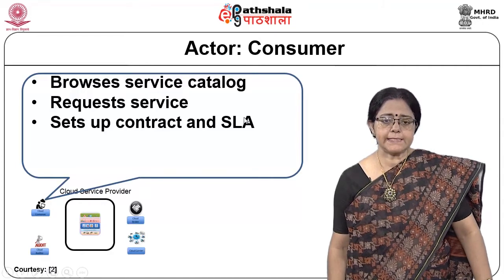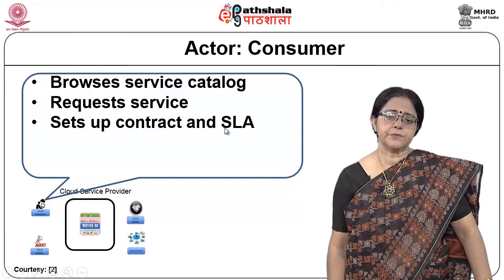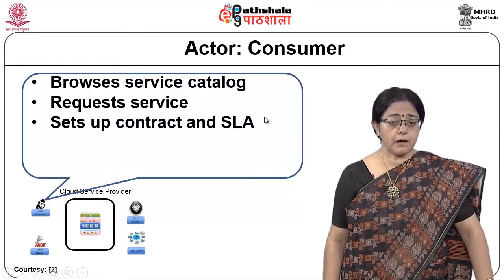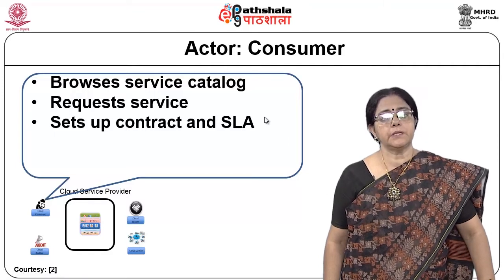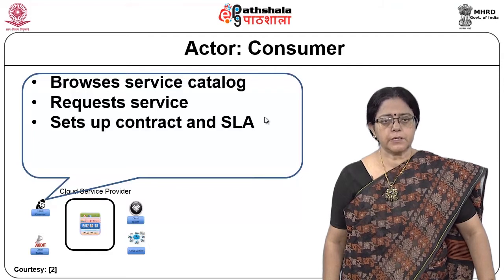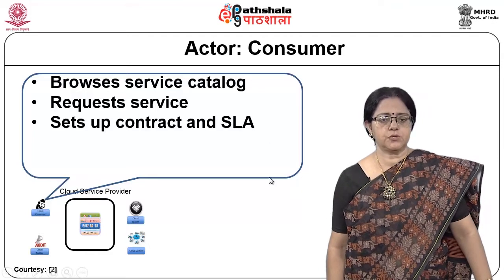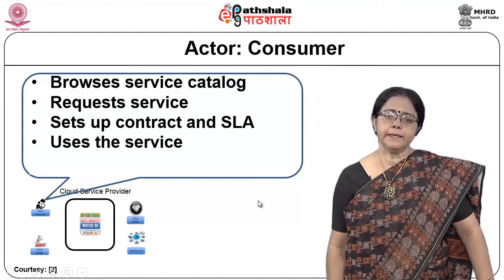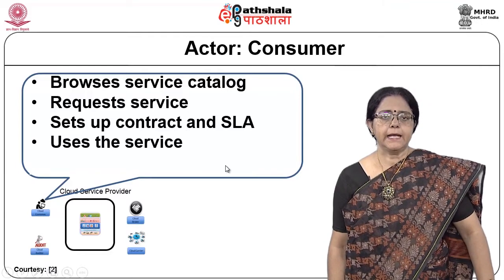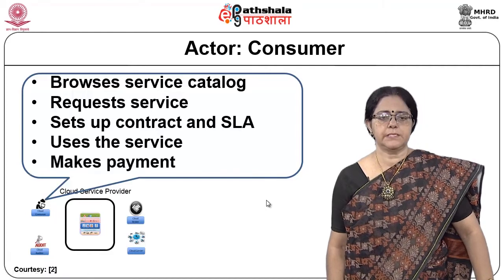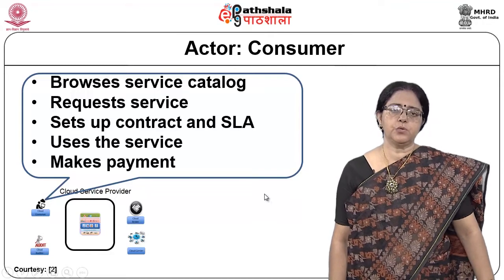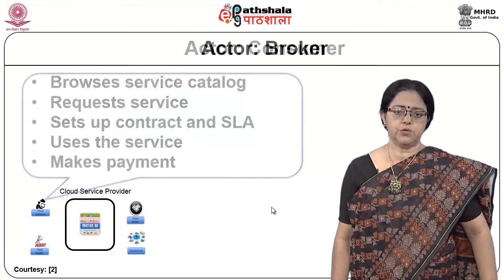This is the SLA, which stands for service level agreement. There has to be a written contract between the provider and the consumer, which has to be respected by both parties. Then the cloud consumer will use the service, and of course, as soon as they have used the service, they have to make the corresponding payment for it. So, these are the roles of the consumer.